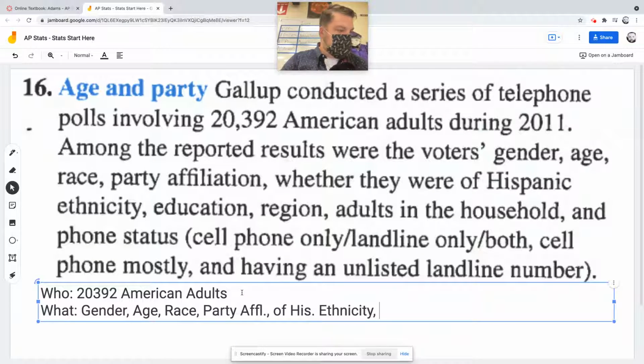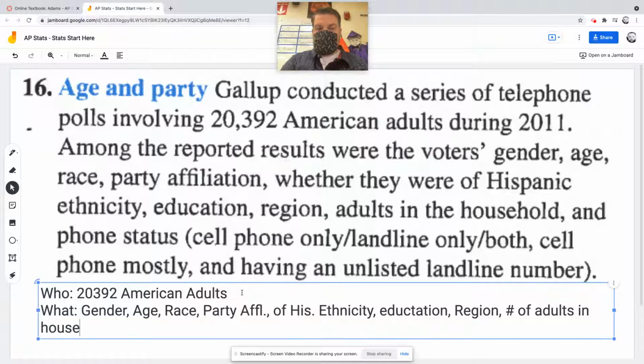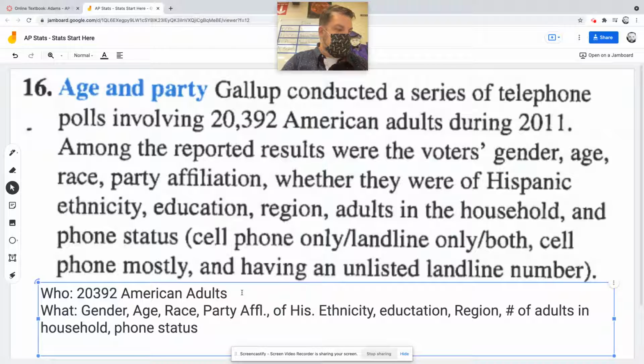What else was there? Education, region, adults in the household, number of adults, phone status. All right, cool. That's a lot.